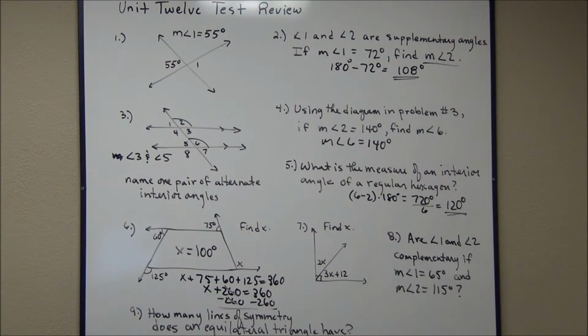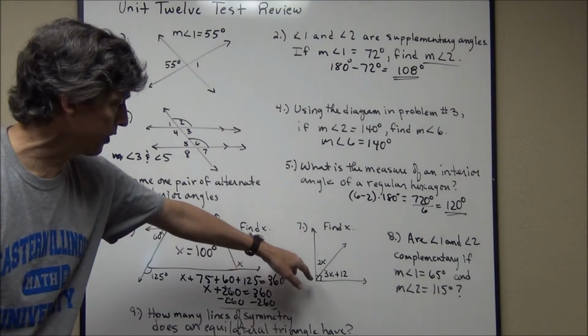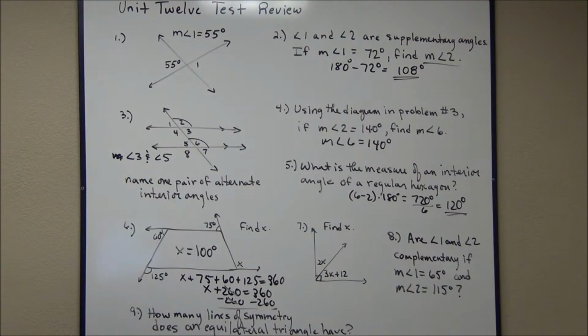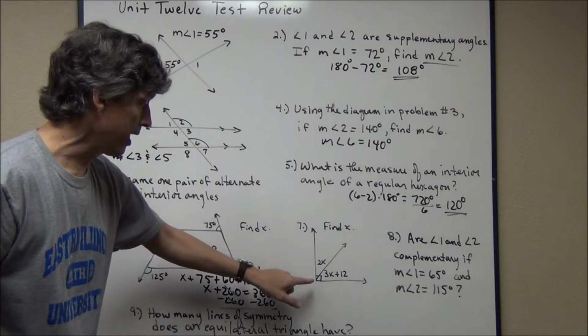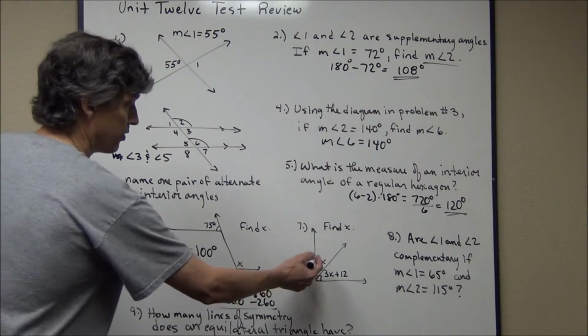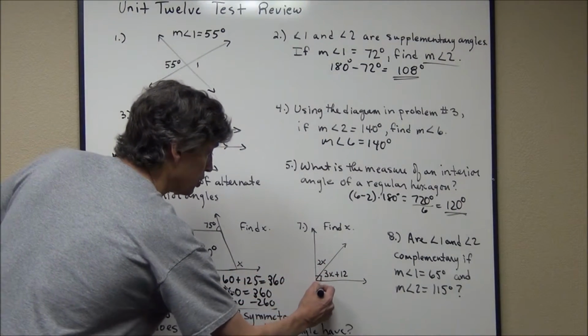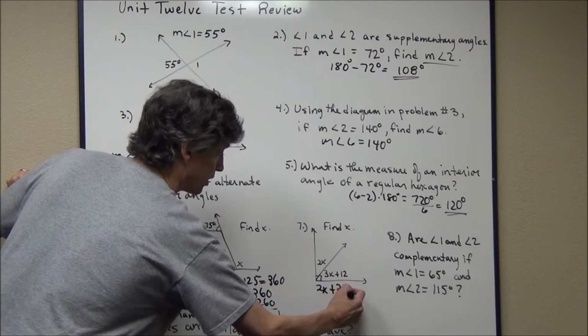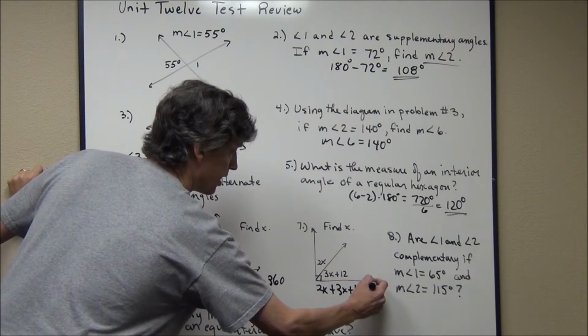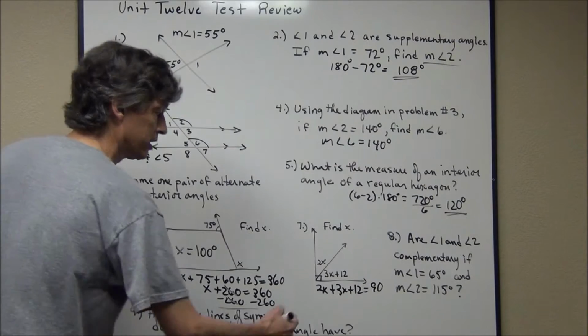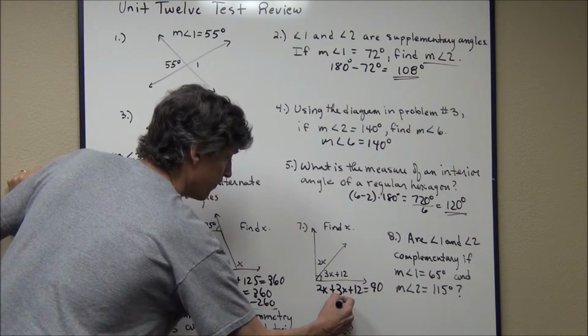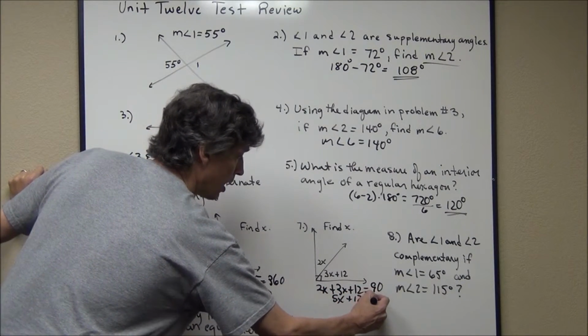Alright, in problem number 7, I have a right angle with an extra ray drawn in that breaks that into 2 angles which we know are complementary. They have to add up to 90 degrees. So that means 2x plus 3x plus 12 has to add up to 90 degrees. Now we're supposed to find x. Combine like terms, that's 5x plus 12 equals 90 degrees.